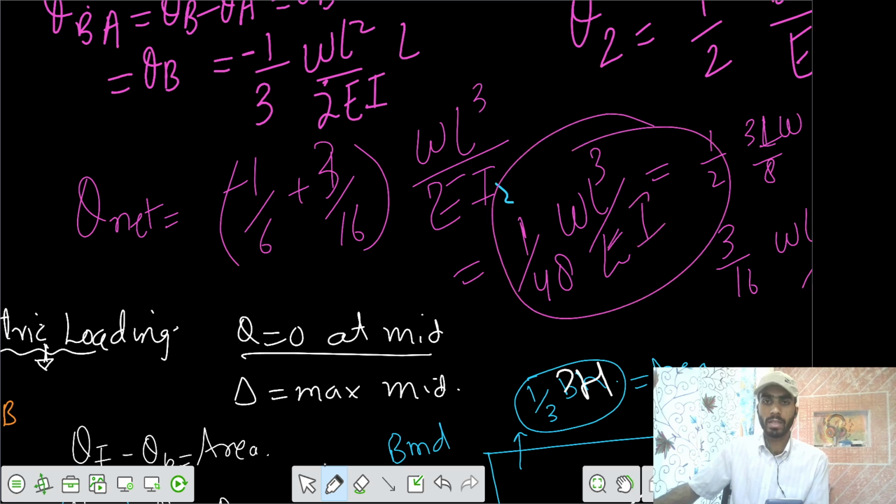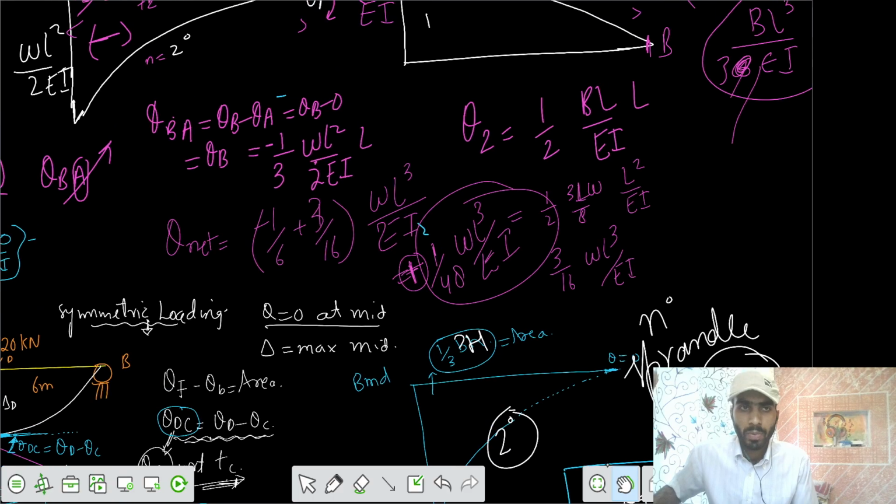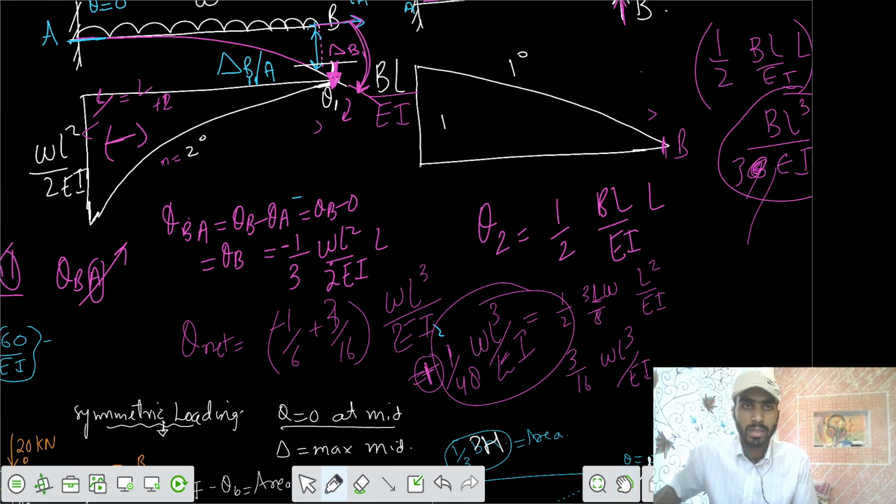The final value of theta net equals this one. So we got a positive value. That means the first part was clockwise. See, the effect of this one was clockwise, but it was negative. But the final value we got is positive.